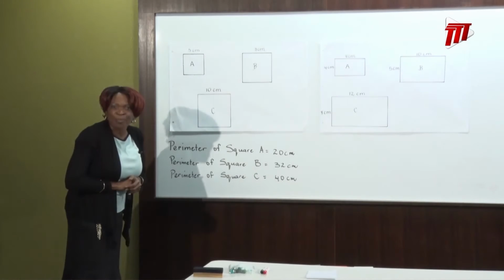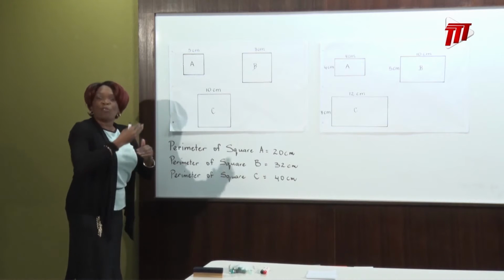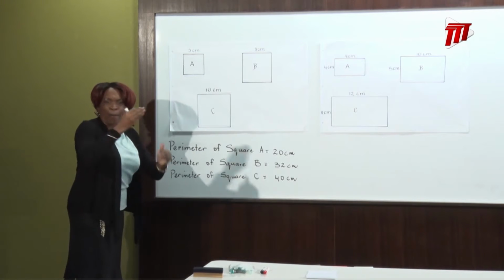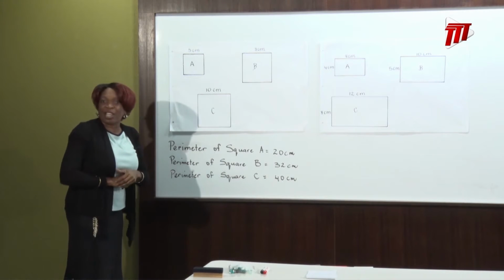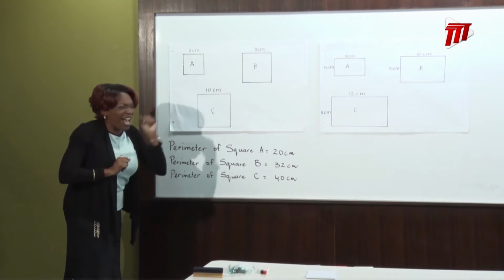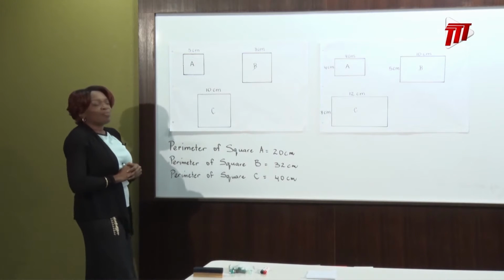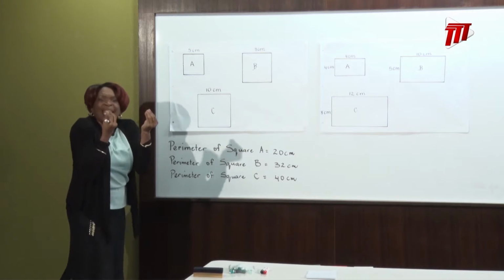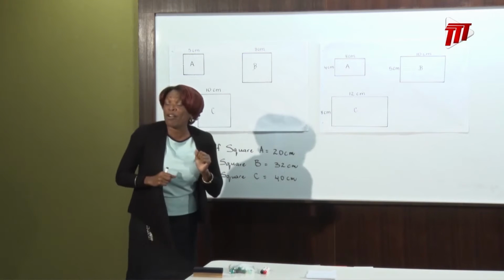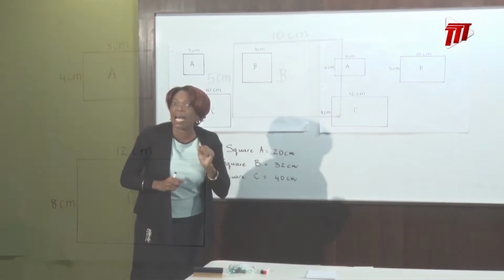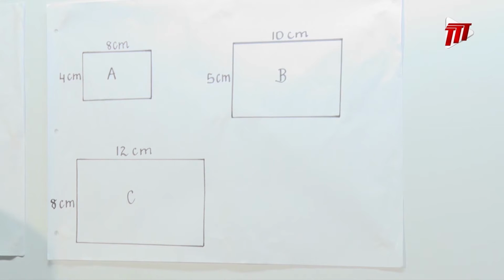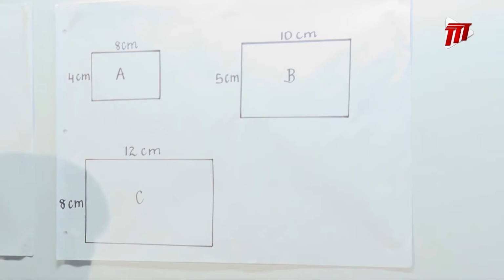Are you seeing it? So we can work forward to get the perimeter, and we can work backward to get the length of a side. Remember that now as we move on. We can use this same strategy to get the perimeter of rectangles. Do you not know that? Let's try and see. Come with me now. We have 3 rectangles here.